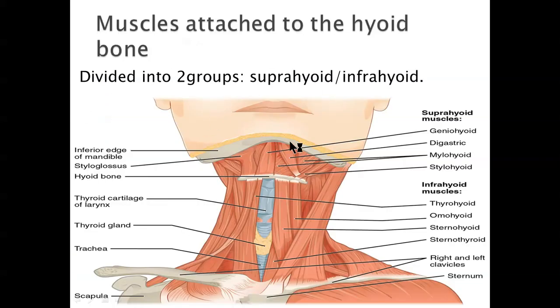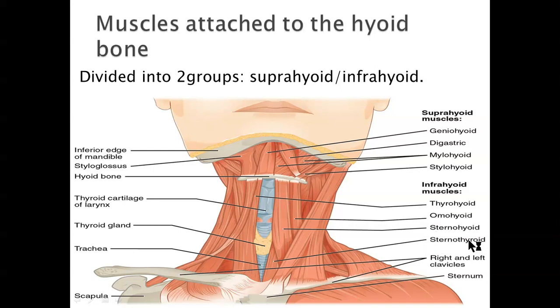All right. So here we can see hyoid bone. Here we have the strap muscles. Why strap muscles? Because these are pairs of muscles which are infrahyoid. All right. So here we have the infrahyoid muscles, the thyrohyoid, omohyoid, sternohyoid, and sternothyroid.